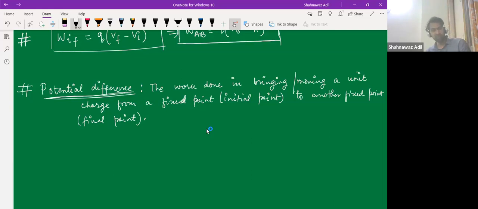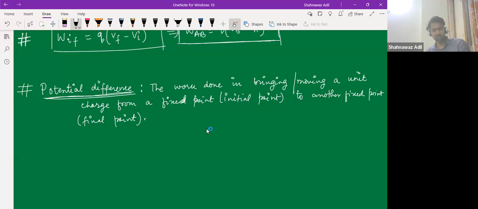So the amount of work done in bringing a unit charge from infinity to a fixed point, that was the electric potential. But potential difference is the work done in bringing a unit charge from a fixed point to another fixed point.